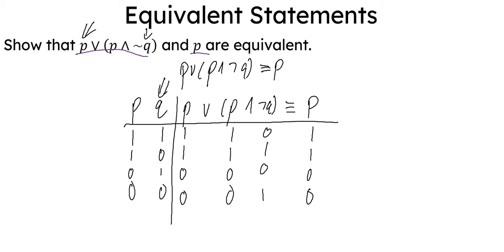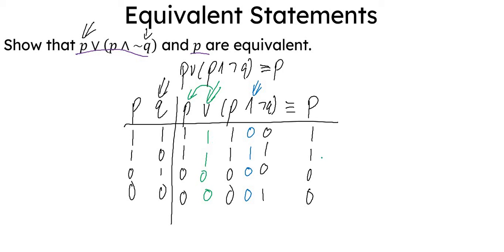And then I would now have to compare that one with conjunction. So true and false is false, true and true is true, false and false is false, false and true is false. I would now have to disjunct that with this one here. So true or false is true, true or true is true, false or false is false, false or false is false.